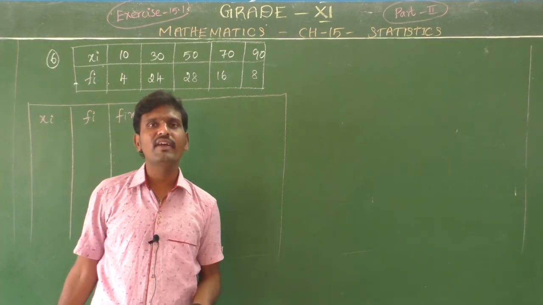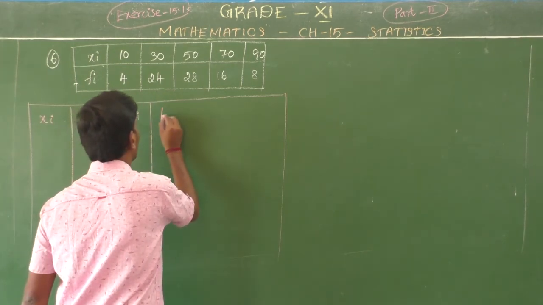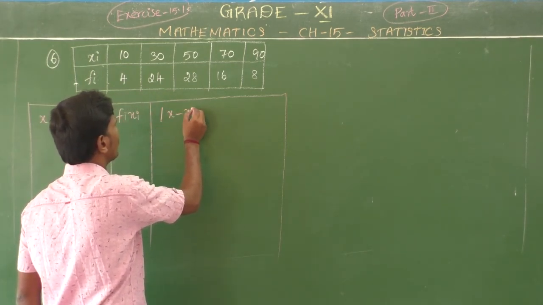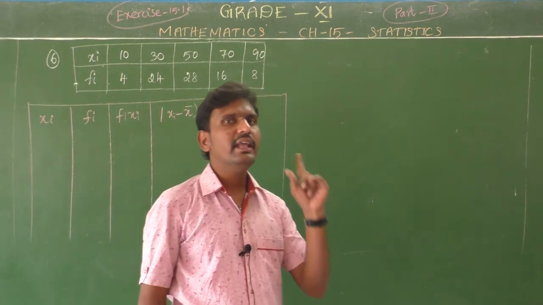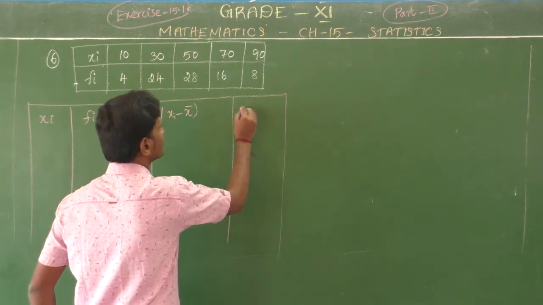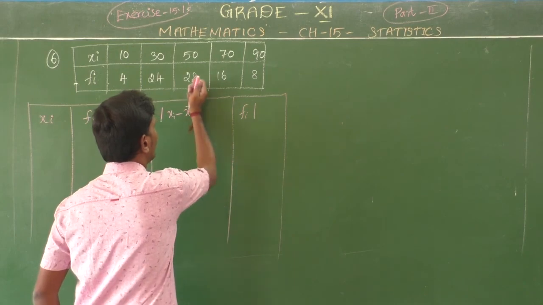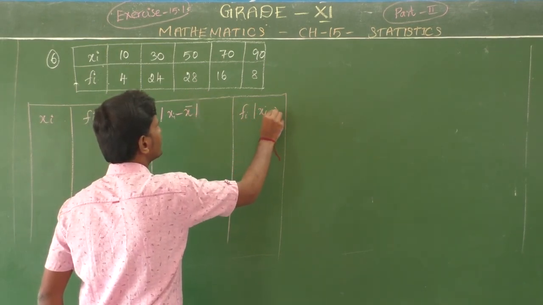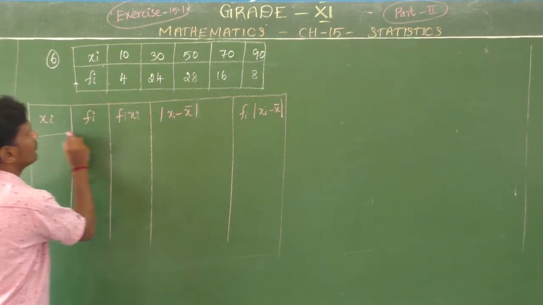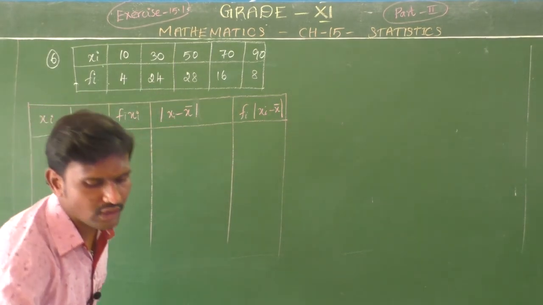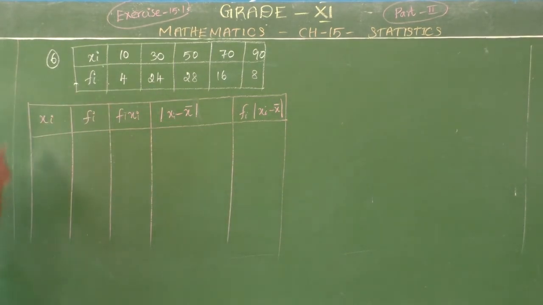Then the absolute values, that means modulus of xi minus x bar, and then finally fi into modulus of xi minus x bar. So these are the columns we are going to complete now to do the sum. Now what are the x values? 10, 30, 50, 70, finally 90.